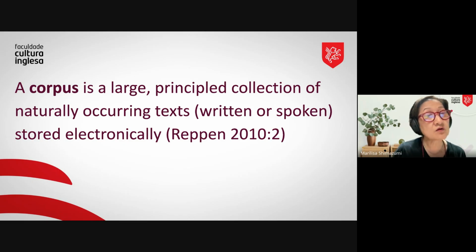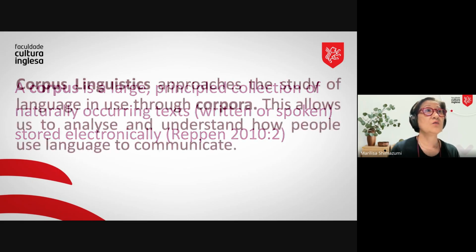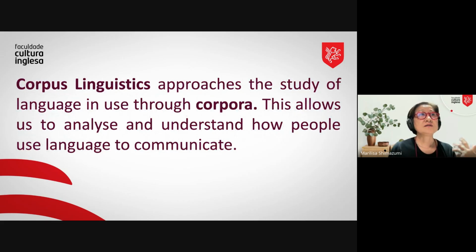And then corpus linguistics. What do we do? It studies language in use through corpora. By the way, corpus is singular, corpora is the plural. So you have different types of corpora. You have literature, you have political corpus, learner corpus. So you can investigate quite a lot.